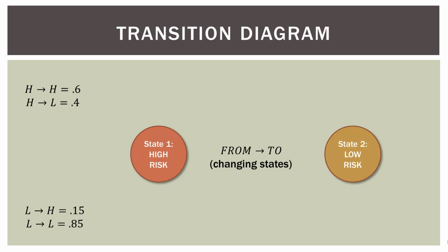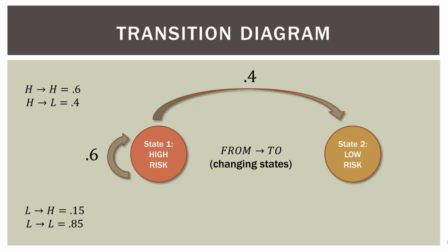Now we add arrows to show how we could proceed through this process. So, if we start in state 1, our policy renews, and we're high risk again, we go right back into that state. So we go from high risk to high risk, and of course that probability is 0.6. Now, if we're in high risk now, we could go to low risk if we've been a good driver.